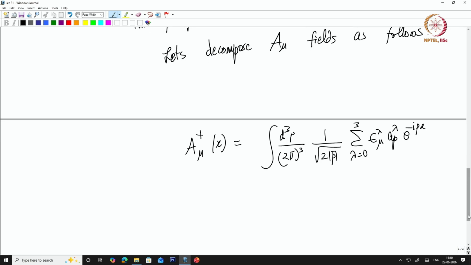So, this is the a plus part. Now, this can annihilate the vacuum, but the derivative of this is not equal to 0. If you take the derivative of A mu plus acting on the vacuum, that is not equal to 0. So, that condition will not be satisfied on the vacuum.